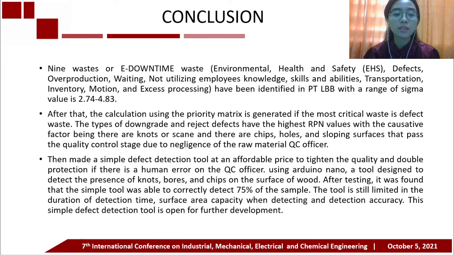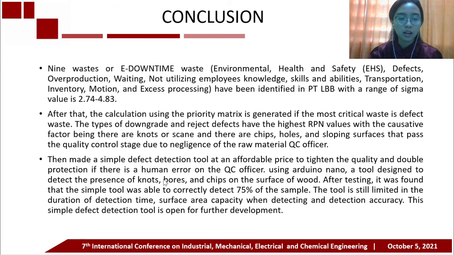Conclusion: 9 wastes, or E-DOWNTIME wastes, have been identified in PTLBB with their sigma scores. After that, we found defect is the most critical waste, especially the downgrade and reject defect types.